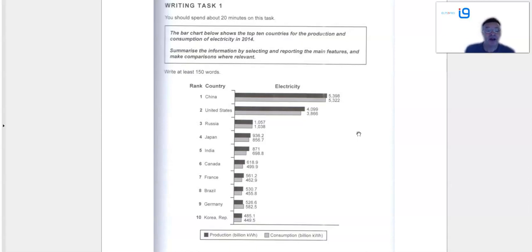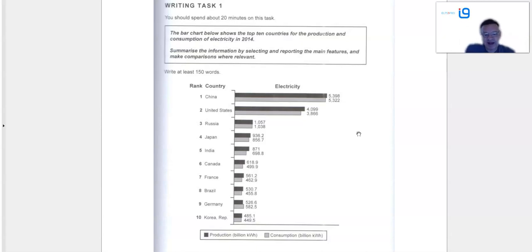And then it's simply what's the biggest, what's the smallest, what's the largest, what's the same, what's changed, what hasn't changed. So obviously here, extreme outliers, China, United States. And then everybody else is more or less pretty similar to some extent.